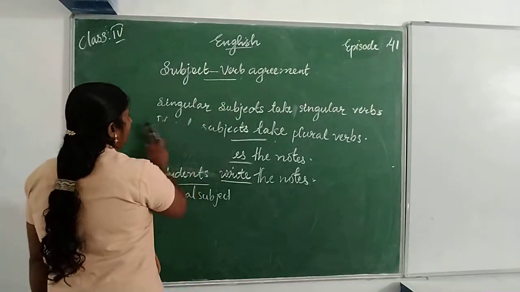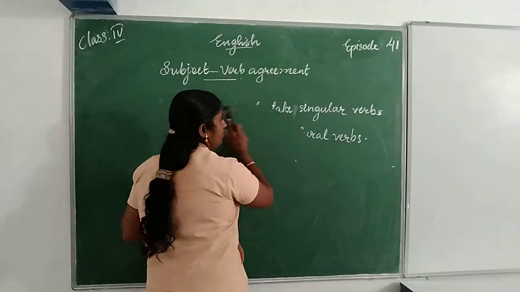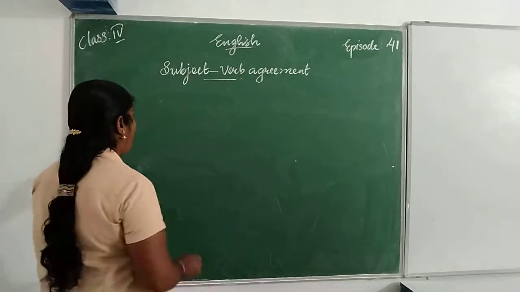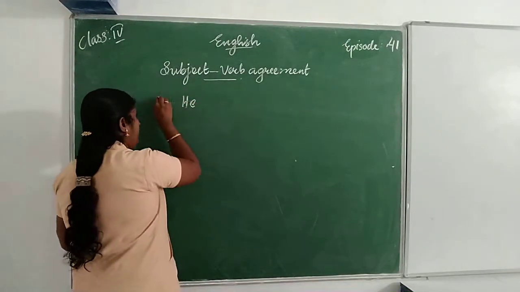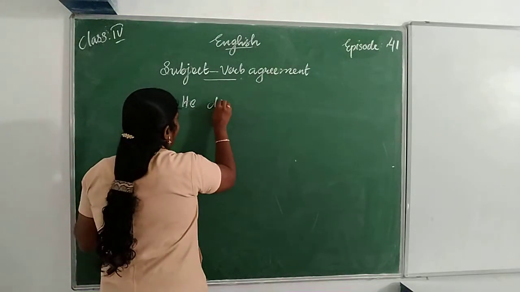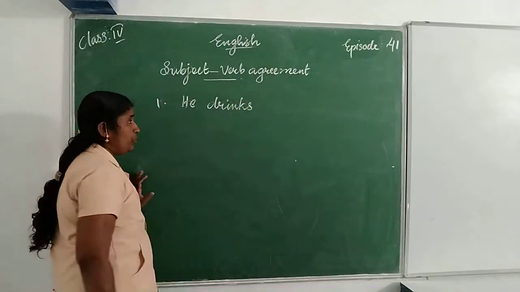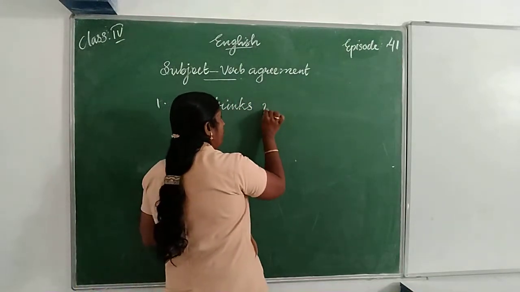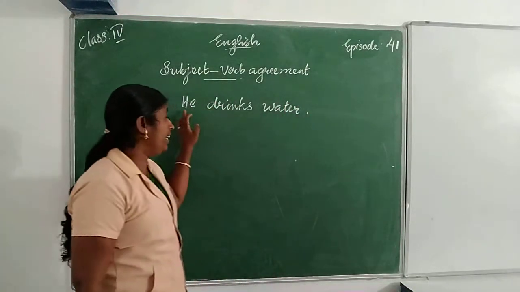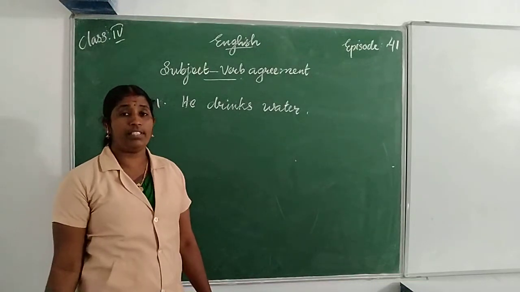Then we can write some examples with the pronouns. He drinks water. First set of example. He drinks, D-R-I-N-K-S, water, W-A-T-E-R. Which is the subject and which is the verb?